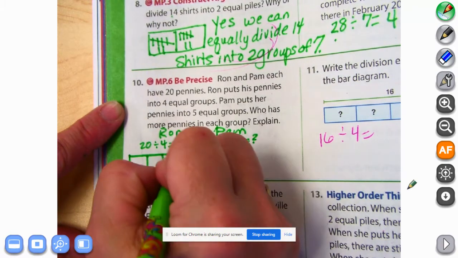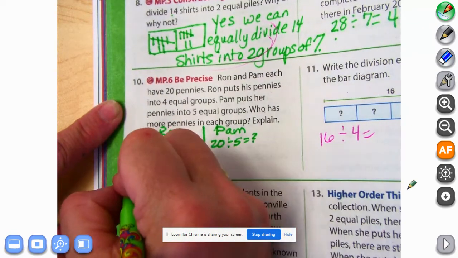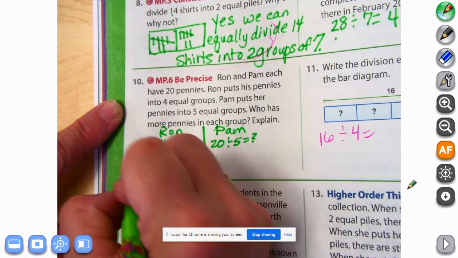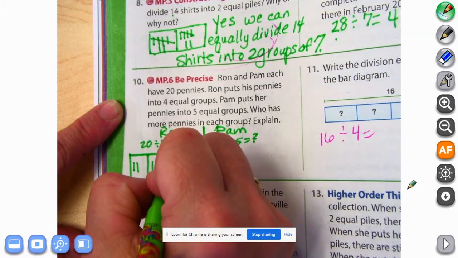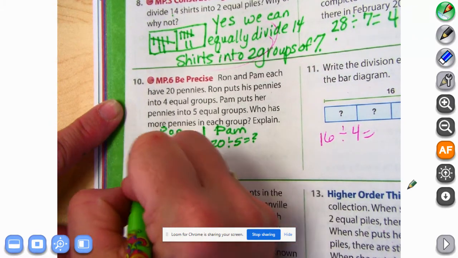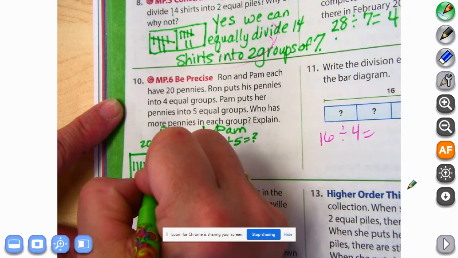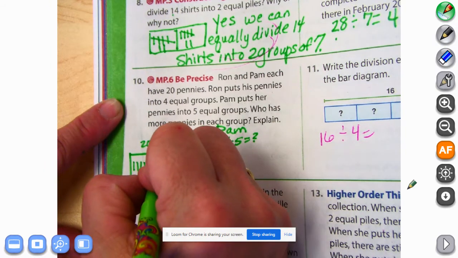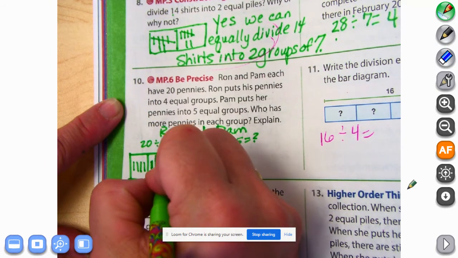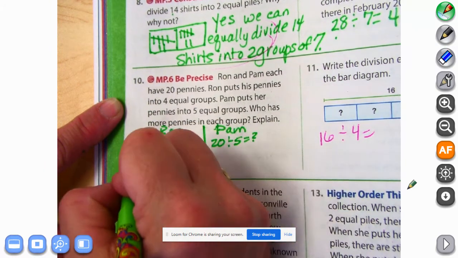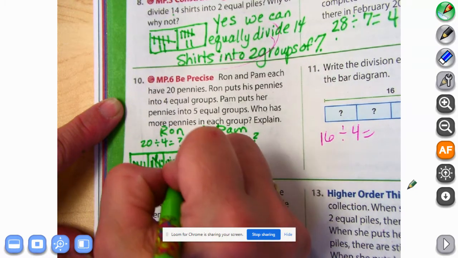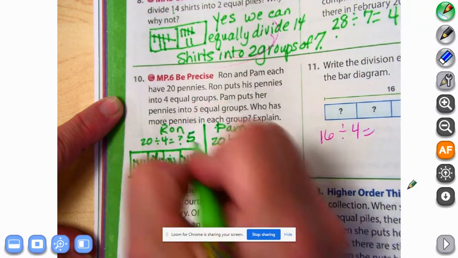So if we count out 1, 2, 3, 4, 5, 6, 7, 8, 9, 10, 11, 12, 13, 14, 15, 16, 17, 18, 19, 20. So he has 5.